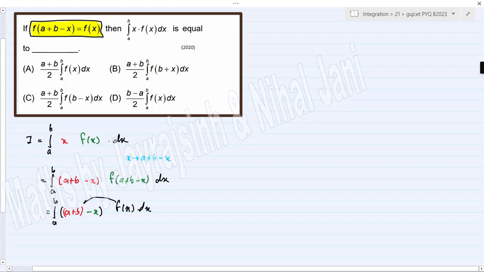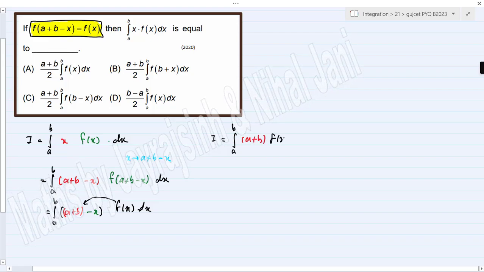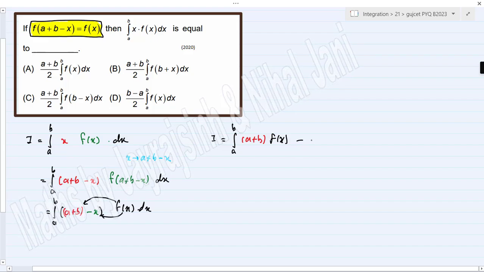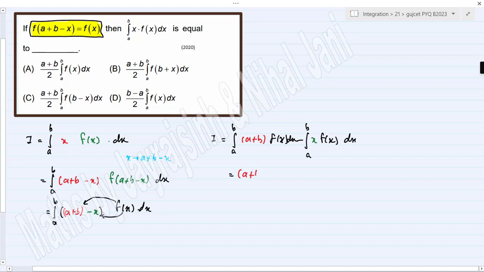Now multiply with a plus b. We will get integration a to b of a plus b into f of x minus, multiplying with the second term, x into f of x, and give individual integration. So in the first term a plus b is constant, take it outside, just focus on integration of f of x.